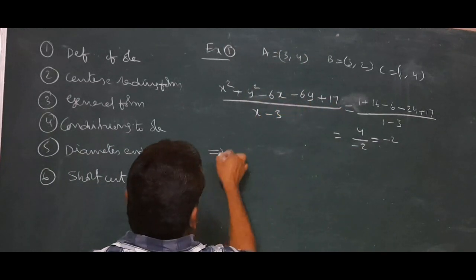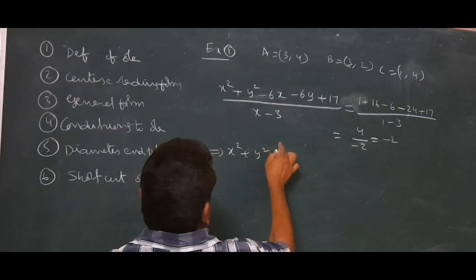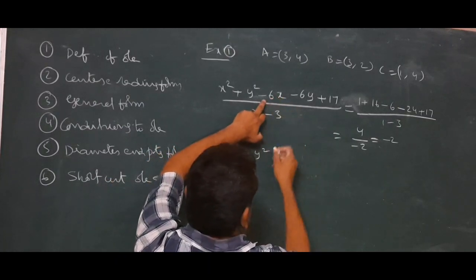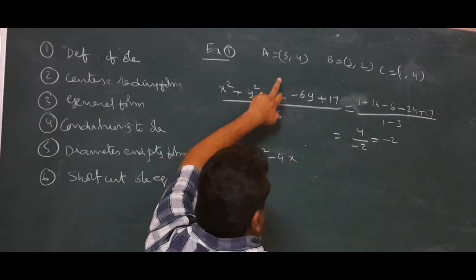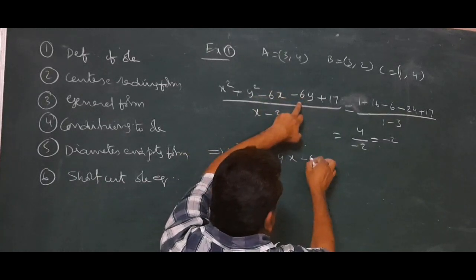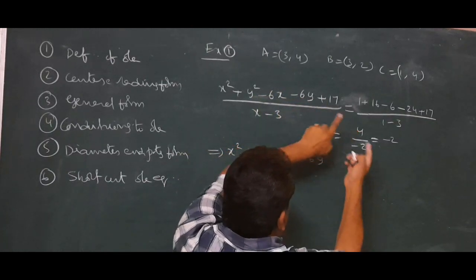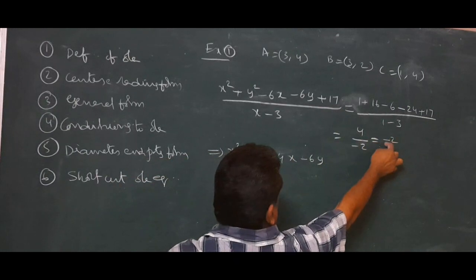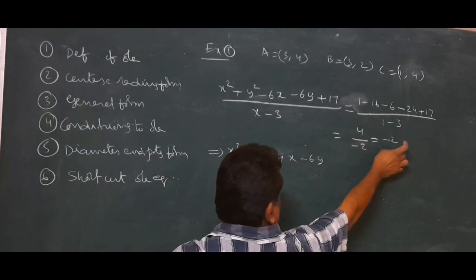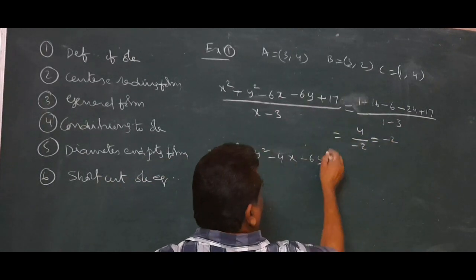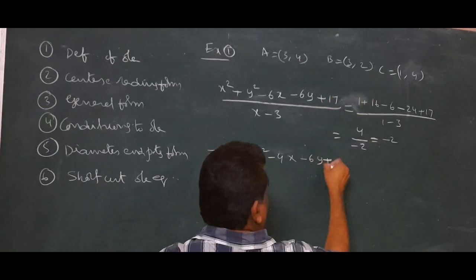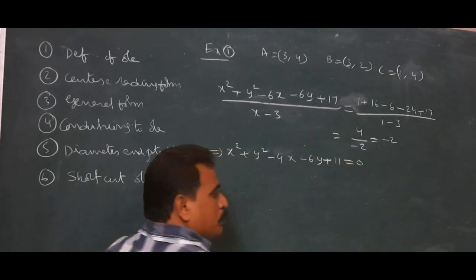So, we get the circle equation x square plus y square plus 2x, that means minus 4x, minus 6y, no y term change, plus constant: after cross multiplication we get 6, take this side, 17 minus 6, plus 11 equal to 0.